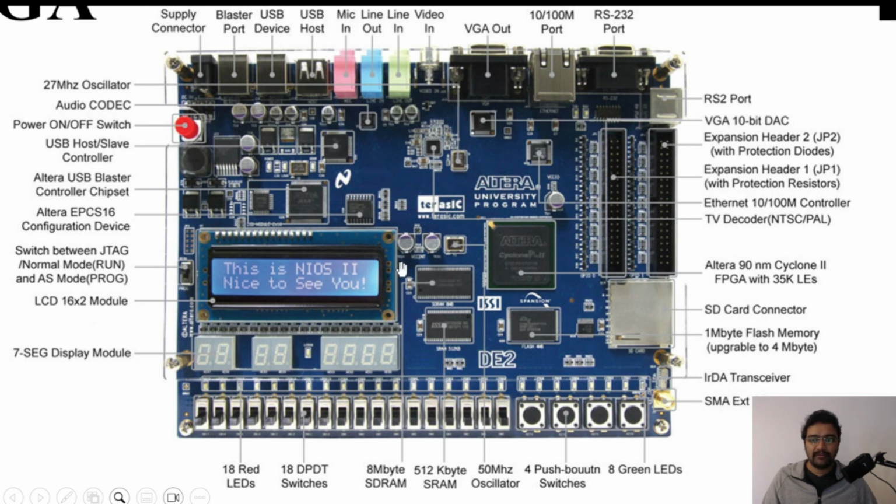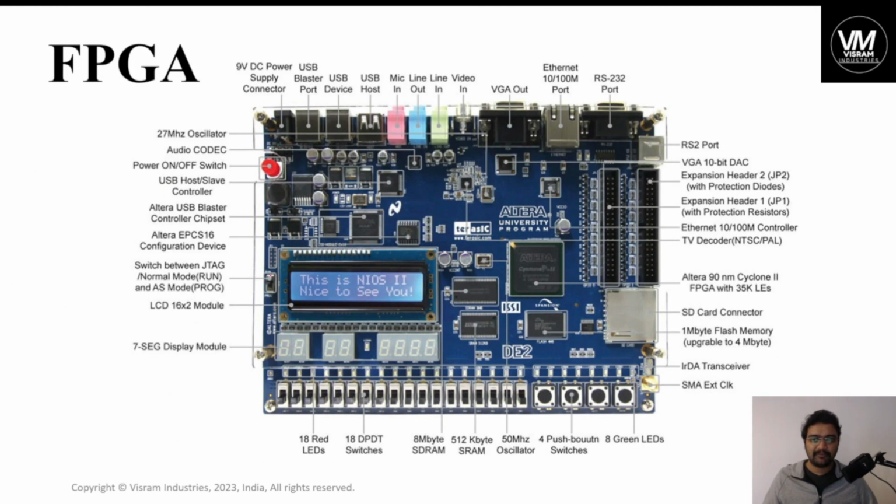Or you can enable one of the LEDs. You can also enable the LCD display as well. These are the IPs you can integrate on the FPGA. Very simple process. I will explain it in the later stages.